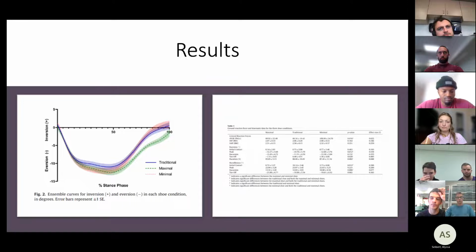And as you can see from those curves, the minimal and maximal shoes had a greater peak eversion than the traditional shoe. And then the table on the right just summarizes everything that I mentioned in the previous slide, and picks out the more relevant data.